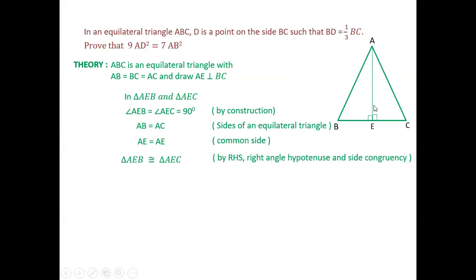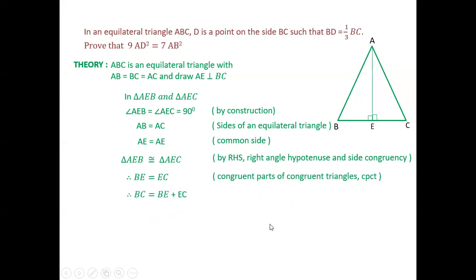If these two triangles are congruent, then BE must be equal to EC. Why are they equal? They are the congruent parts of congruent triangles. In short, usually we write it as CPCT. The full form is congruent parts of congruent triangles.